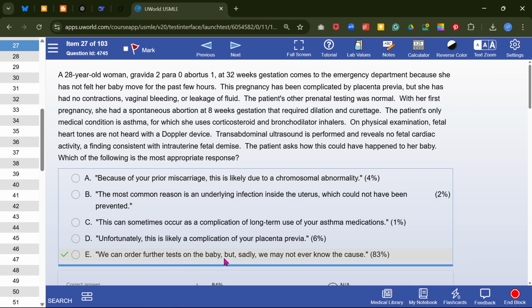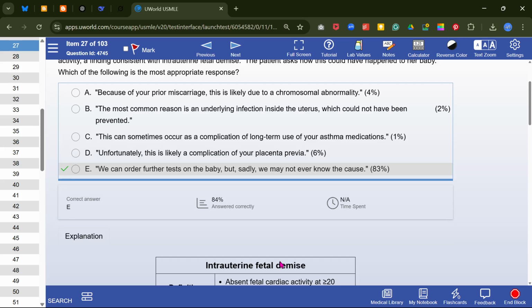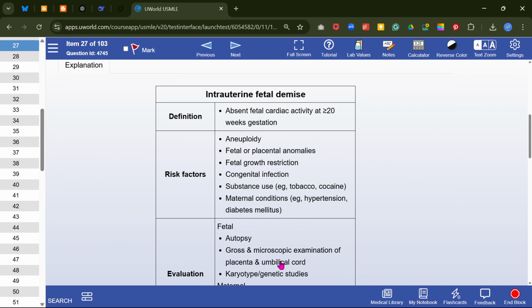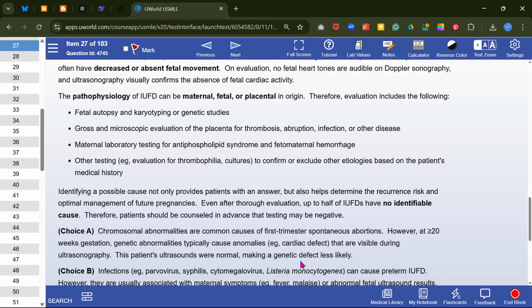Our response should be sympathetic, and we should tell her that if she wants to know the cause, we can do further testing, but sometimes with intrauterine fetal demise, we may not know the cause. Look at this line: even after thorough evaluation, in up to half of intrauterine fetal deaths there is no identifiable cause.